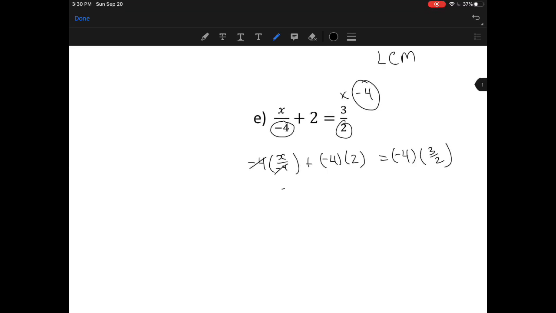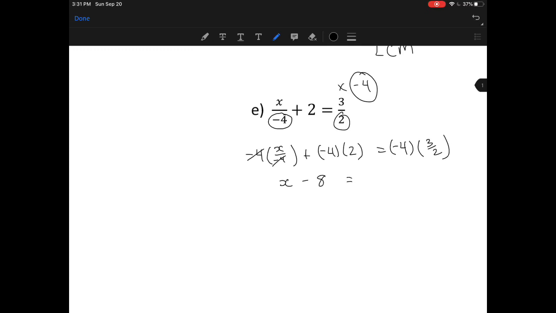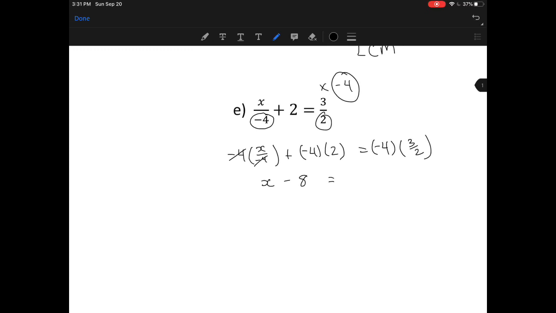Let's see how this works. In the first term it's nice because the negative 4 and the negative 4 cancel out, and we're just left with x. In the second term, we have negative 4 times 2. If I write plus negative 8, that just means x minus 8. On the other side of the equal sign, negative 4 times 3 divided by 2.